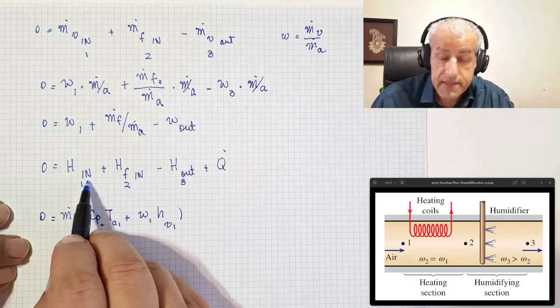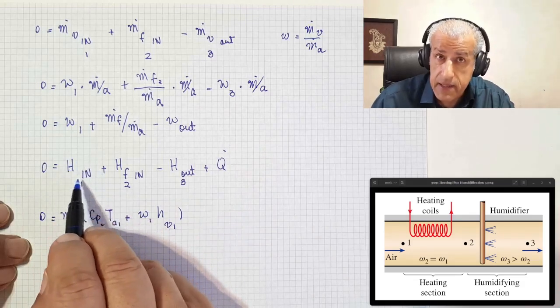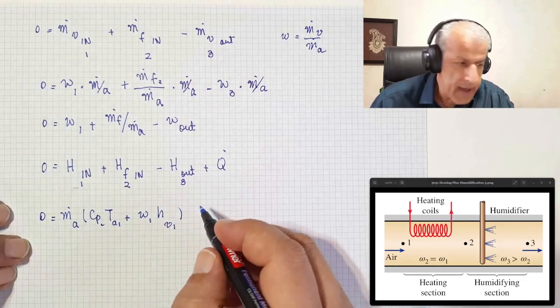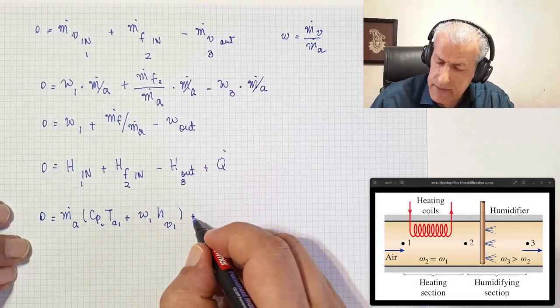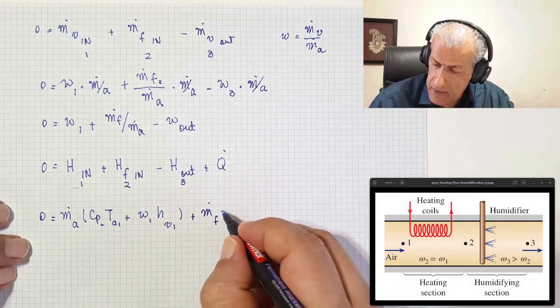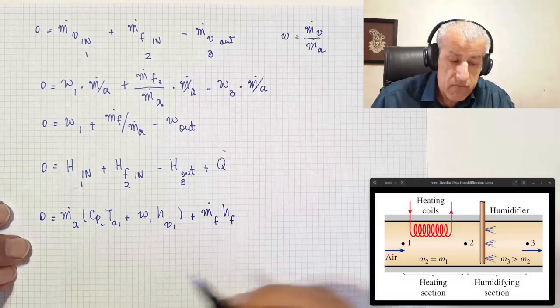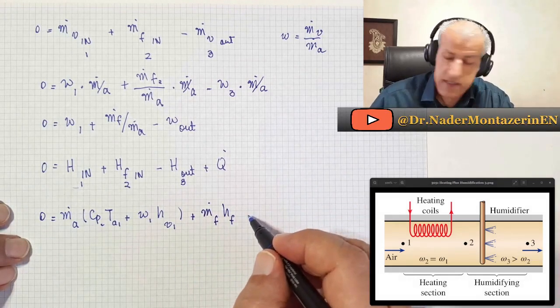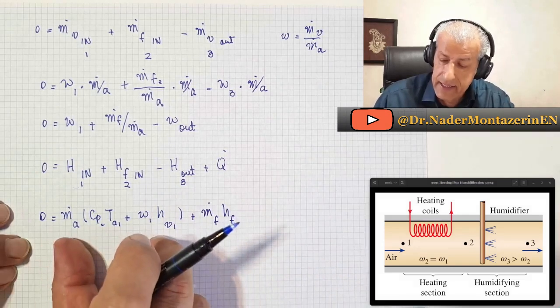That takes care of the incoming enthalpies, air and water all together, plus m dot F times Hf, very simple. And the outgoing enthalpies would be very similar, handled as incoming enthalpies.